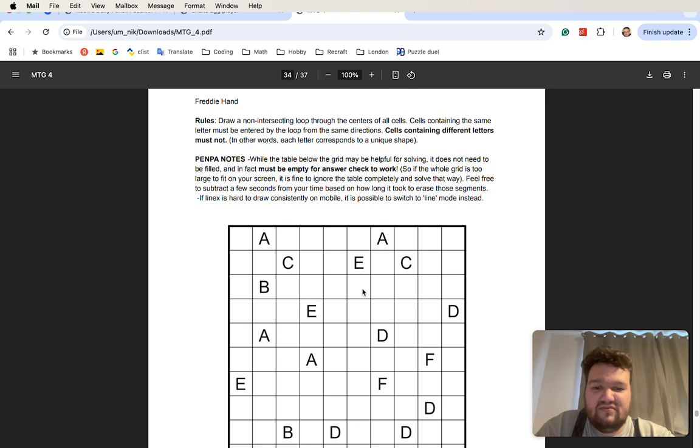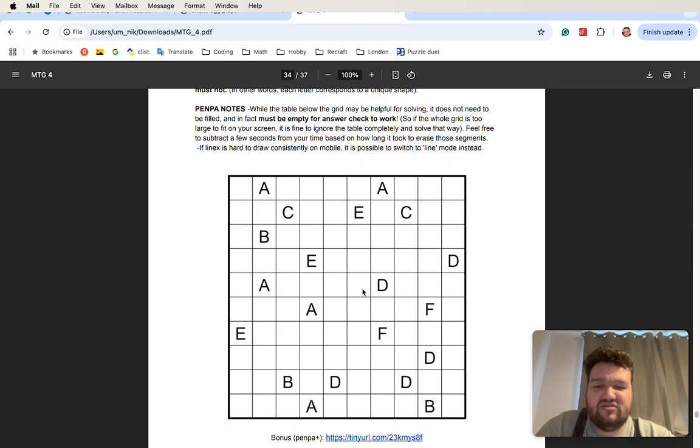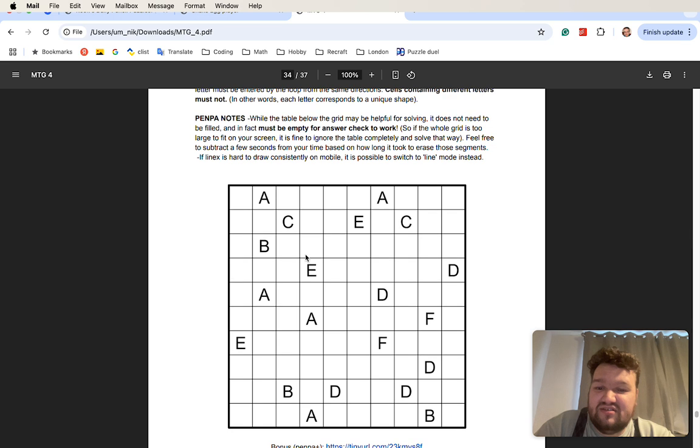And well, in the original puzzle, at least, there was a helper grid to track which shapes correspond to each letter. While the table below the grid may be helpful for solving, it does not need to be filled and in fact must be empty for the answer checker to work. So if the whole grid is too large to fit on your screen, it's fine to ignore the table completely and solve that way.